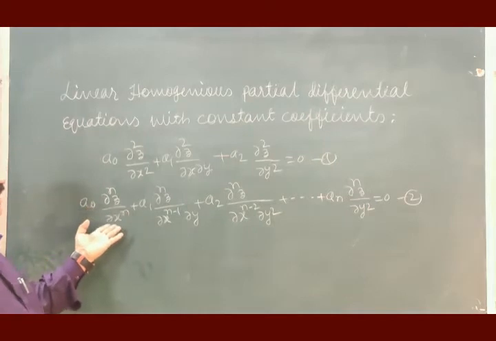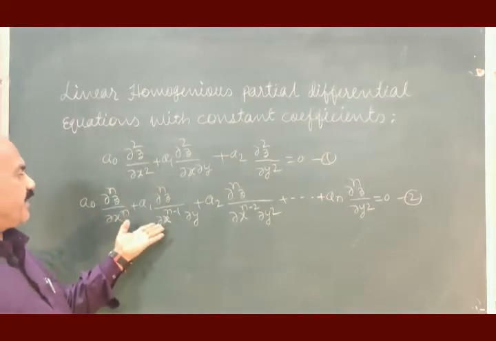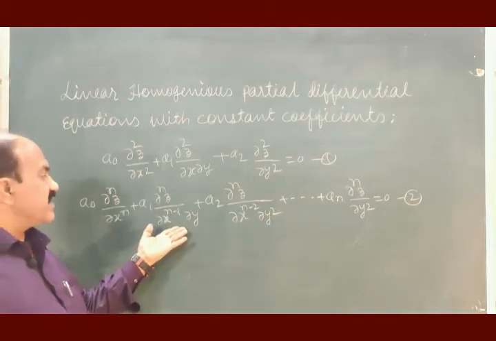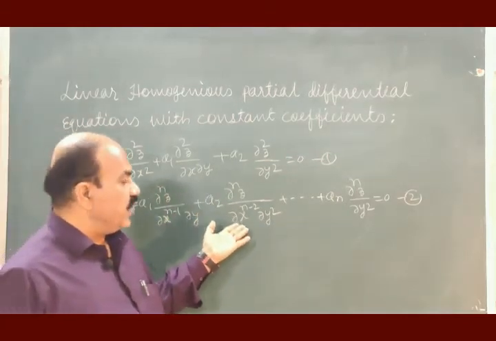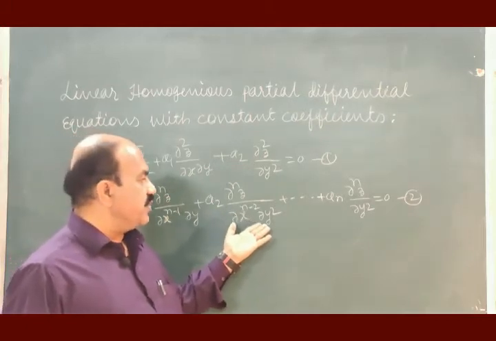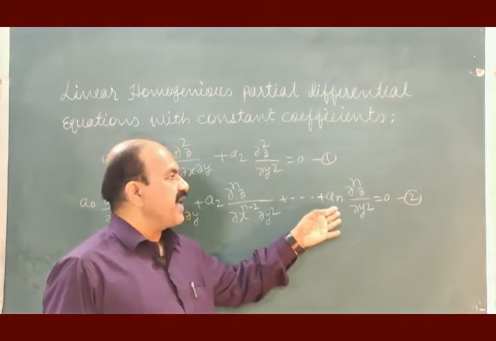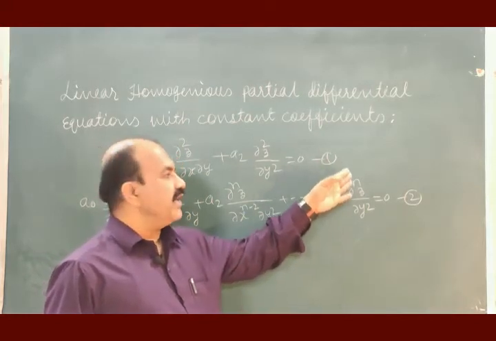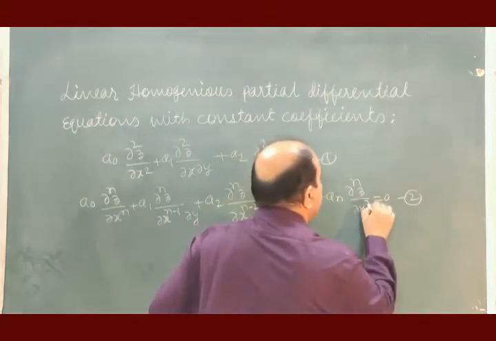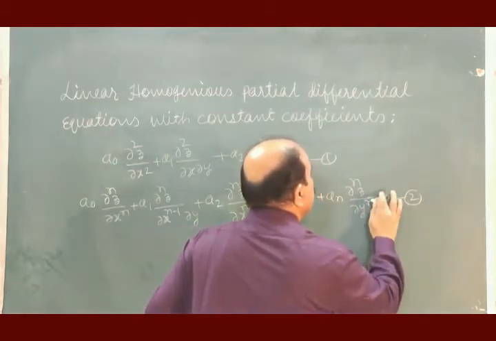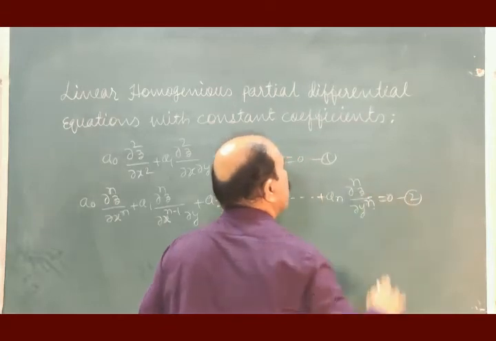A0 ∂ⁿz/∂xⁿ + A1 ∂ⁿz/∂xⁿ⁻¹∂y + A2 ∂ⁿz/∂xⁿ⁻²∂y² + and so on, and the last term is An ∂ⁿz/∂yⁿ = 0. Equation number 2.